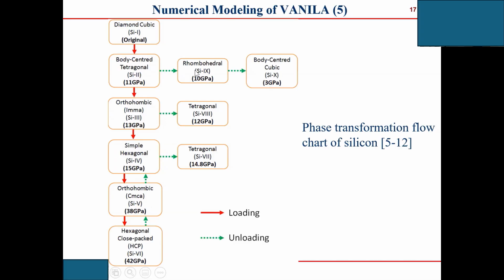At 10 gigapascal, you get silicon 9, and going down further to 3 gigapascal, you have silicon 10, I'm sorry. Here is silicon 8, here is silicon 7: 7, 8, 9, 10. You can see there are a lot of phases for silicon at different contact pressures. The solid arrows stand for loading, and the dotted arrows stand for unloading.